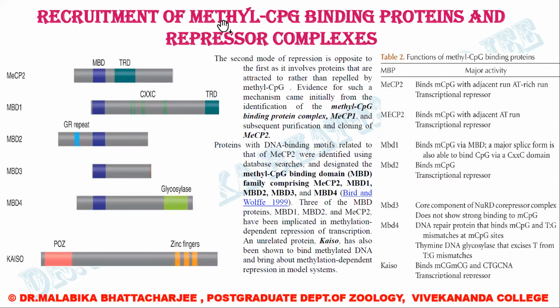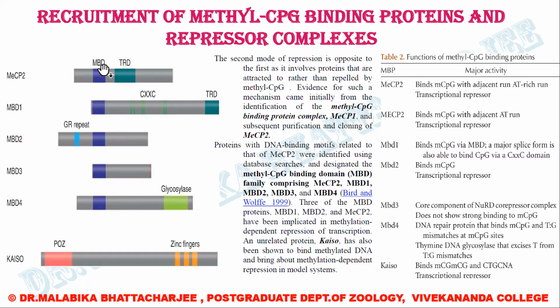This is another group of proteins. These are METHYL-CPG binding proteins. That is, these proteins can bind to the methyl cytosines. So they recognize the methyl cytosines, and they are a group of proteins. And if you look into their domain structure, you can see that they all have a common METHYL-CPG binding domain.